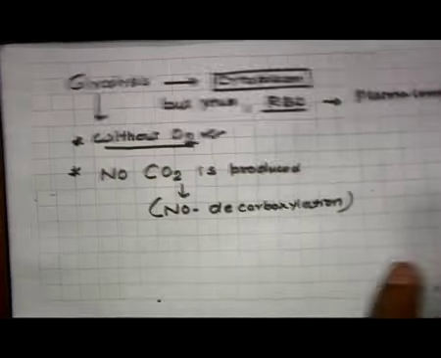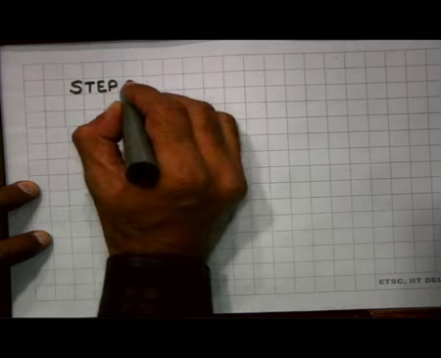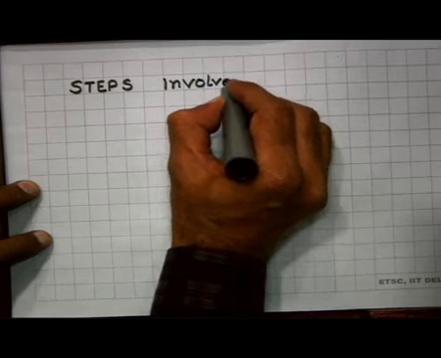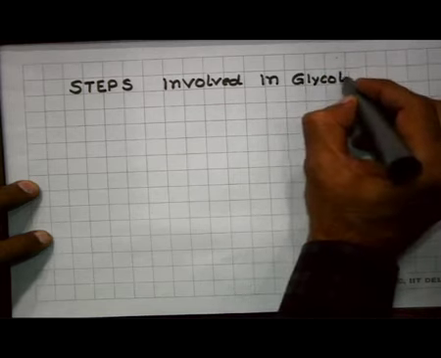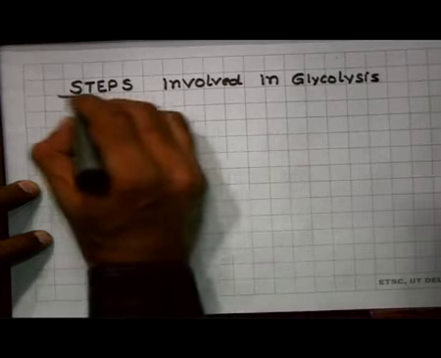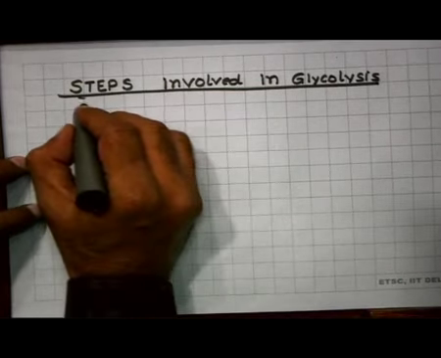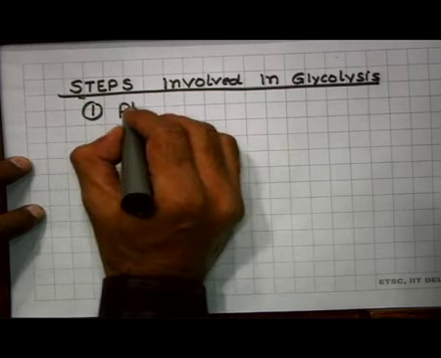Now, there are various types of steps in glycolysis. Mainly there are 10 steps. Now, first let us discuss the steps involved in glycolysis. The first step is called phosphorylation.